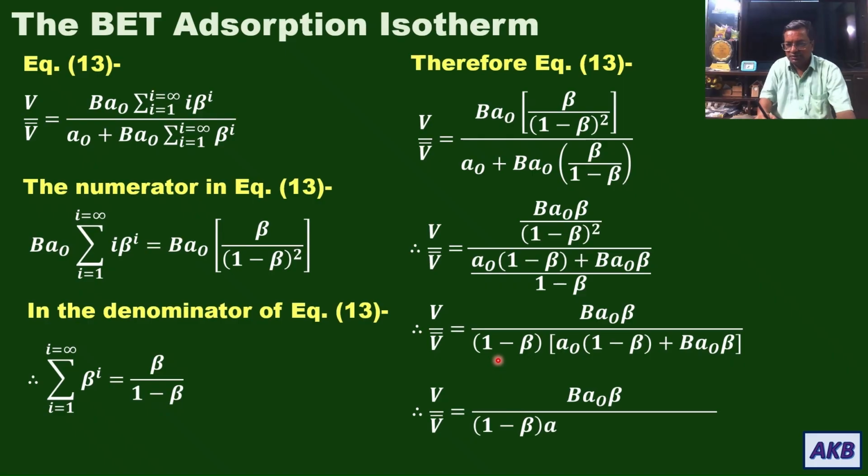In the next step, we can take a naught common in the denominator. So v upon v bar is equal to b into a naught into beta divided by 1 minus beta into a naught, and in the bracket it will be 1 minus beta plus b into beta. Let us continue with this.